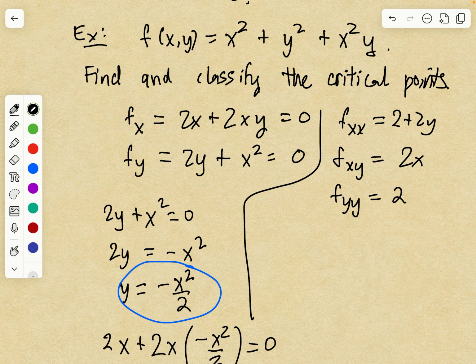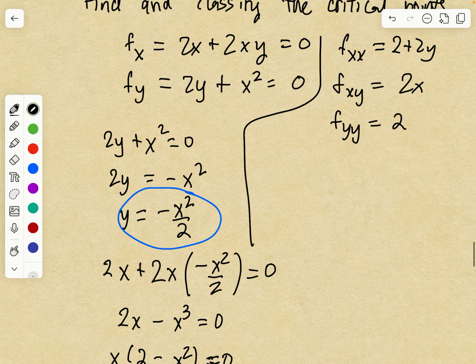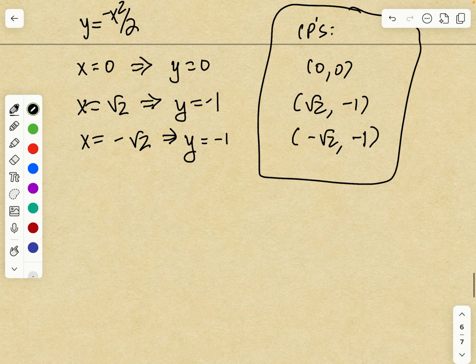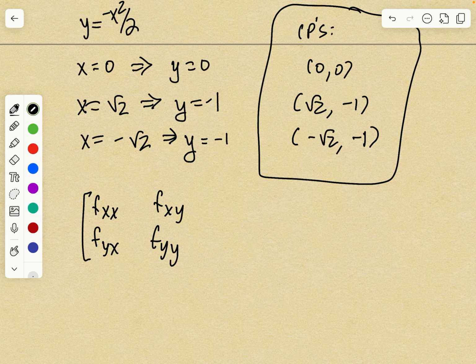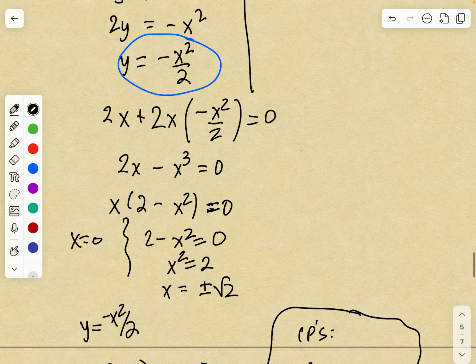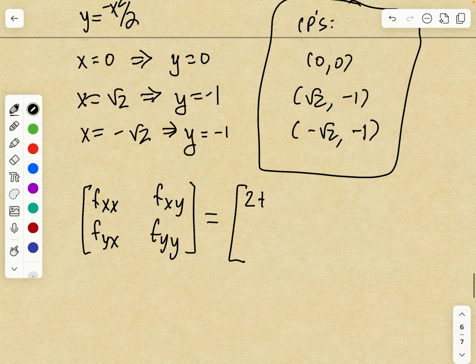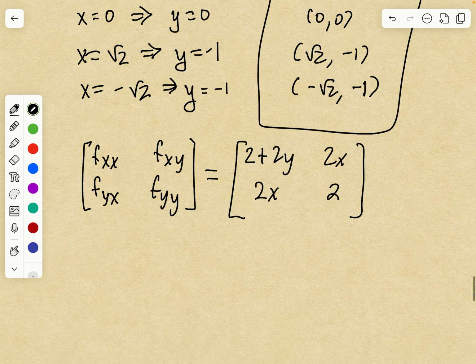So my Hessian matrix is going to be 2 plus 2y, 2x, 2x, and 2.